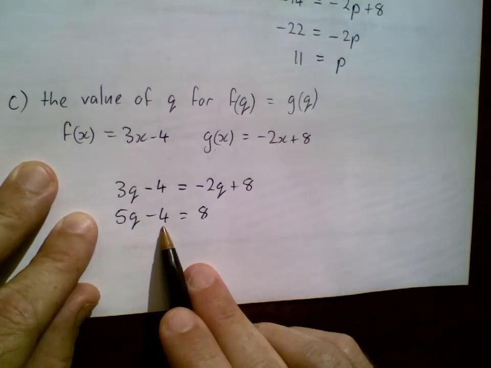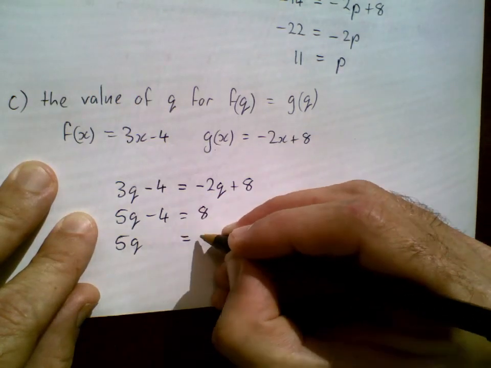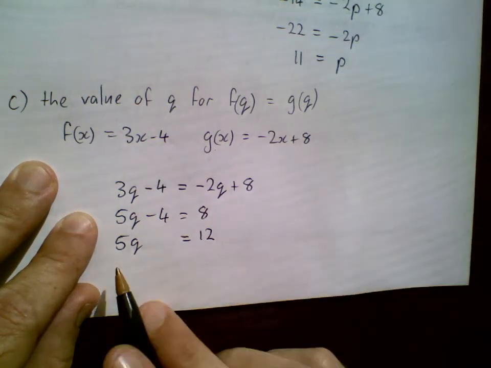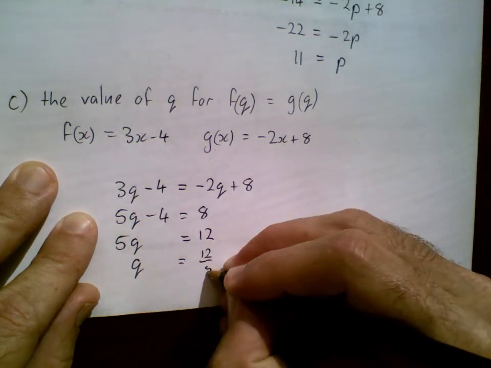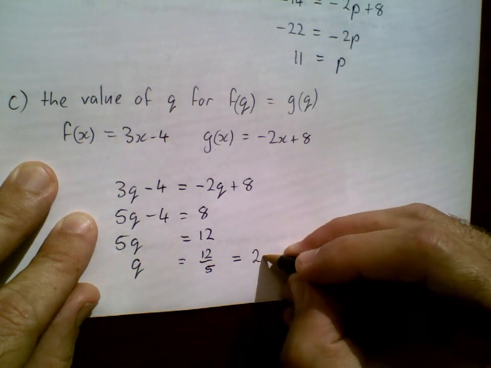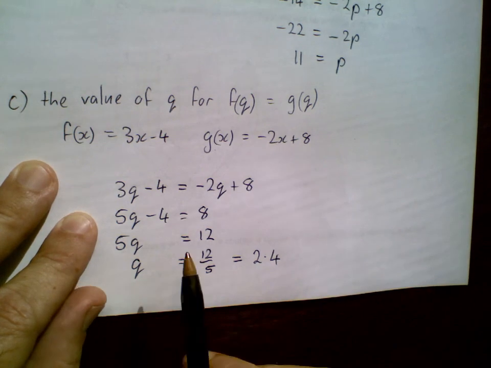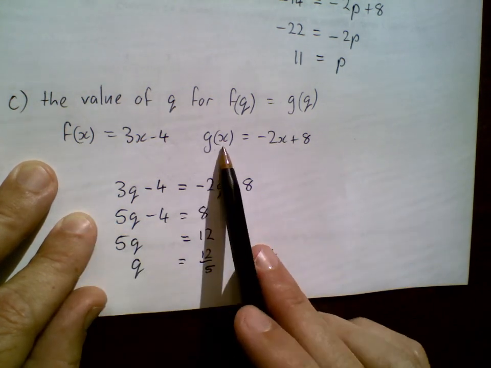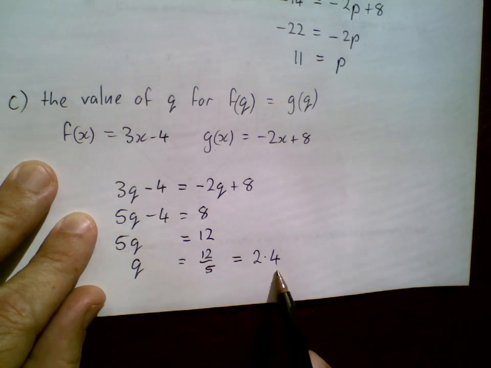Adding 4 to both sides, we end up with 5q equals 12. Finally, dividing both sides by 5, we get q is equal to 12 over 5, or if you like, you can think of that as a decimal, 2.4. So what this means is that the two functions, f of x and g of x, will be equal to each other when the x value is equal to 2.4.